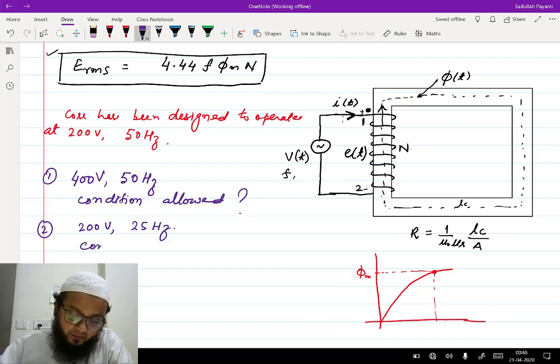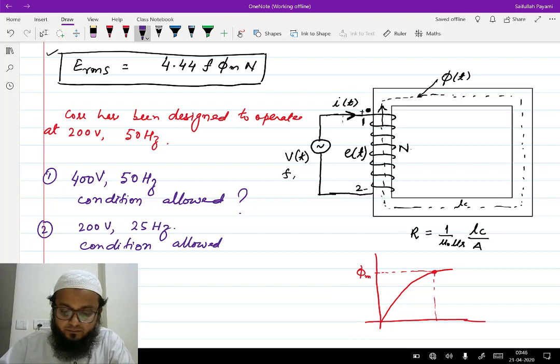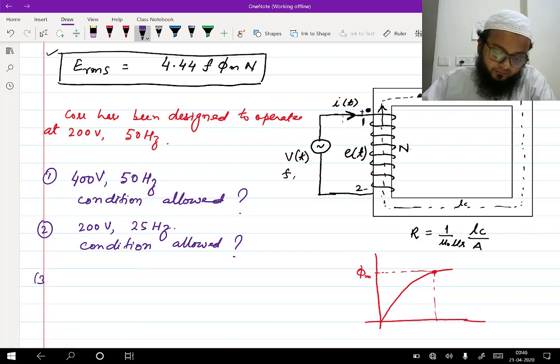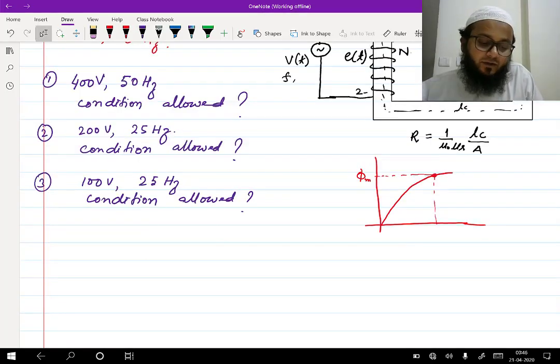Is this condition allowed? And let's say 100 volt and 25 hertz. Is this condition allowed? So how to decide?